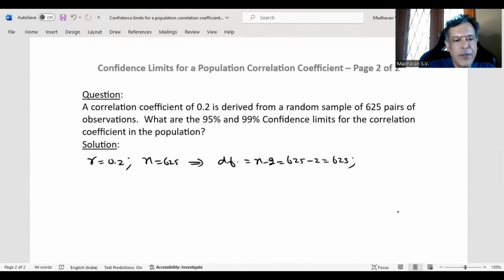Okay, now 95% confidence limits are R plus or minus.